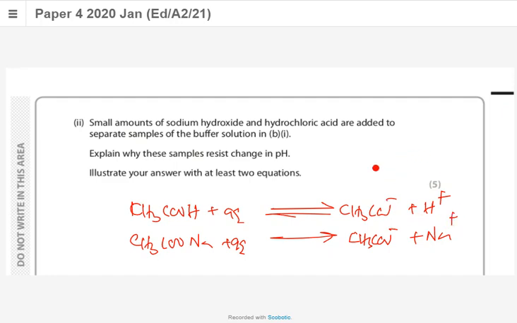When you add H+ ions, it combines with the ethanoate ion, most of which comes from the salt, to form the unionized acid.